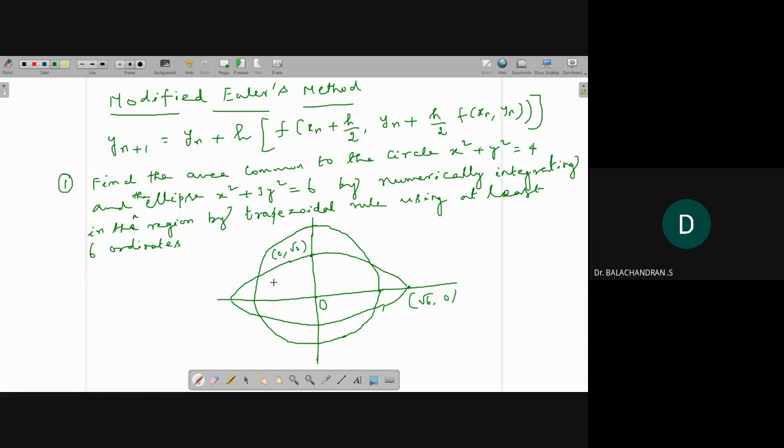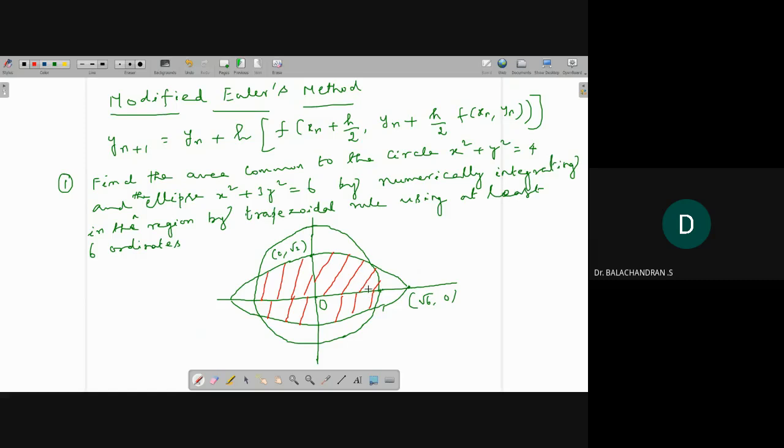I think you can't see the common region, so I will shade the common region in some other color. Okay. So now this is the common region.